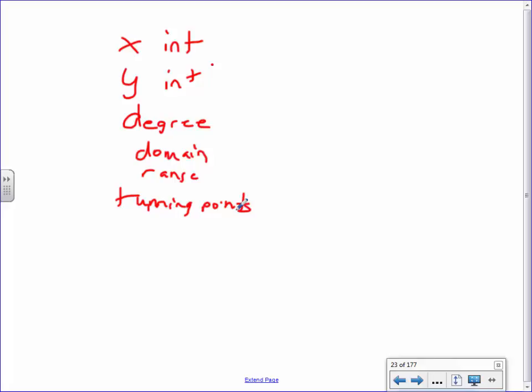The domain, x element of the reals, range, y element of the reals, turning point. There isn't one. There doesn't have to be a turning point. I mean, especially on a linear, right? A linear doesn't have any reason to turn around. Quadratics do. Cubics do.